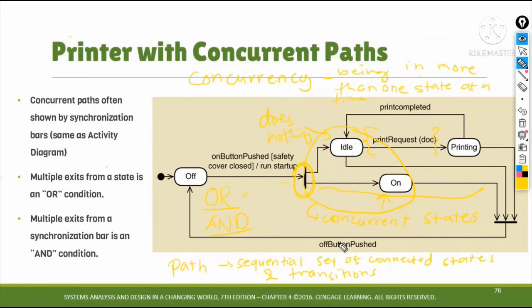When the off button is pushed, the printer exits both the on state and either the idle or printing state.